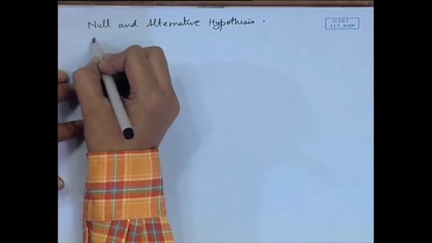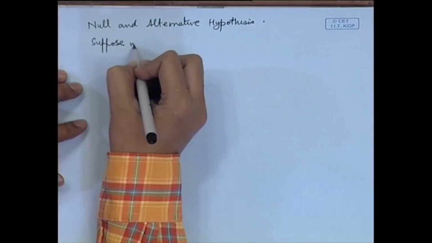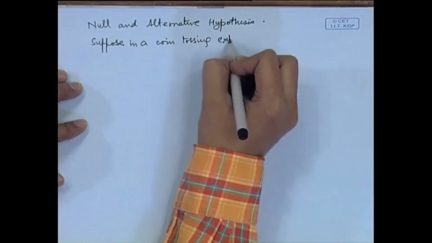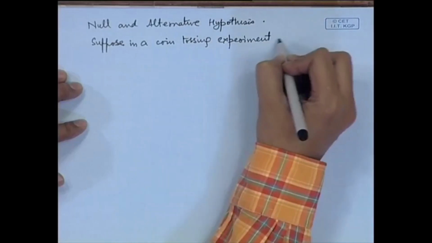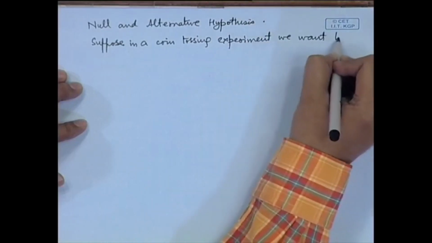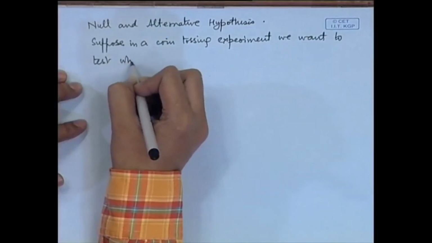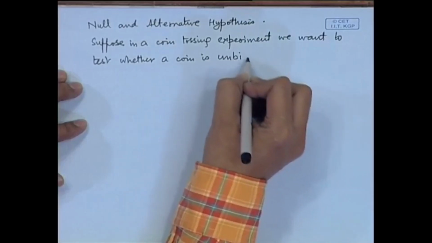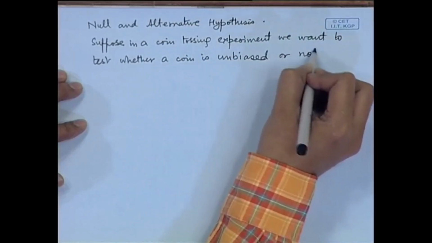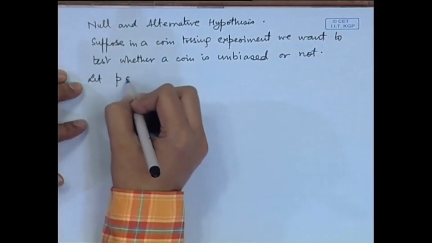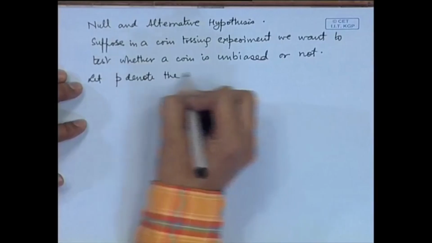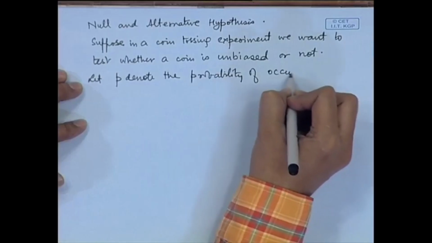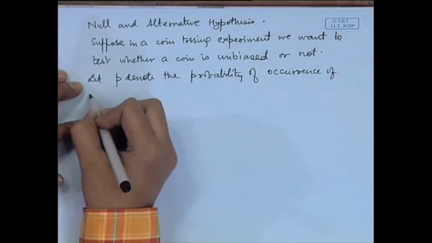So, suppose in a coin tossing experiment, we want to test whether a coin is unbiased or not. So, let p denote the probability of occurrence of a head.